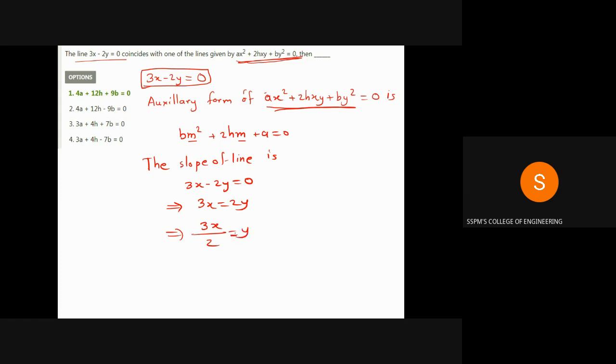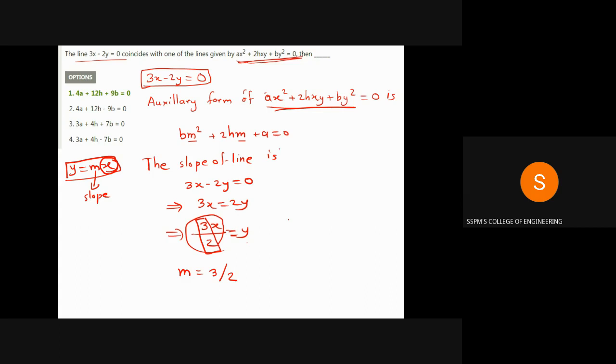So we wrote the equation in the form of y is equal to something. And what is the coefficient of x? The standard form of a line is y is equal to mx, which means the coefficient of x is considered as the slope. So here the slope is 3 by 2, that is m is equal to 3 by 2.